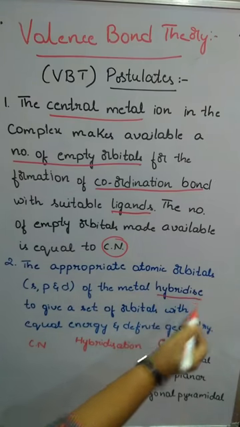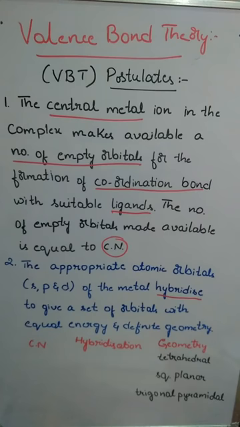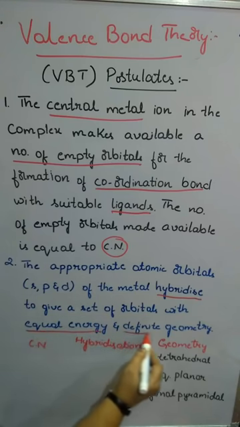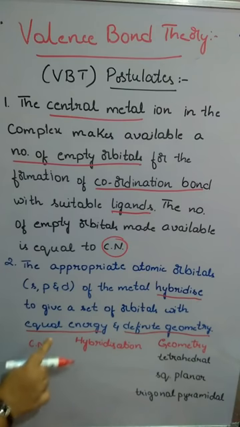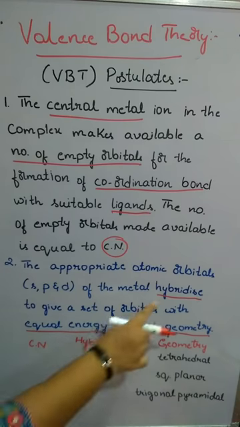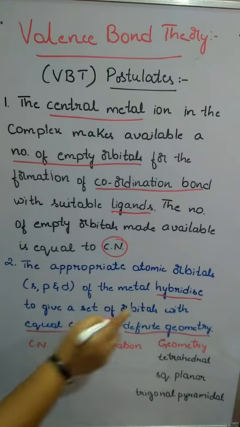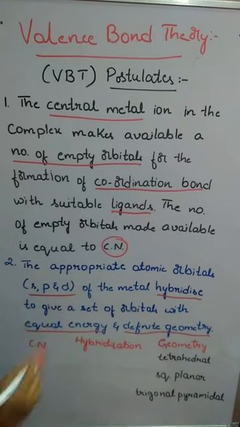The metal's atomic orbitals should undergo hybridization to have equal energy and a definite geometry. For hybridization, the s, p and d orbitals will be involved.